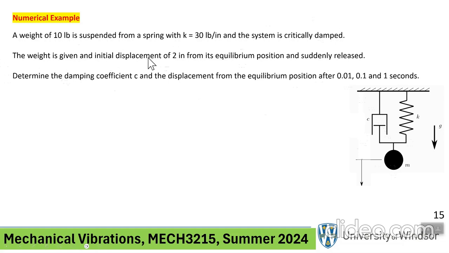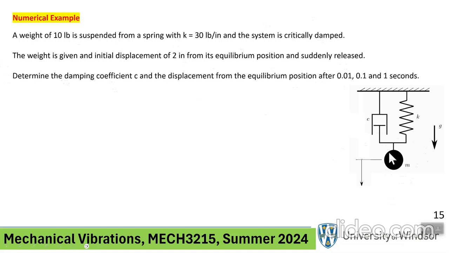The weight is given an initial displacement of 2 inches from its equilibrium position and suddenly released. Okay, so when you do this configuration, this is going to be sitting at some location. That's what we call the equilibrium position. Suppose we bring that thing down by the amount of 2 inches and let it go.